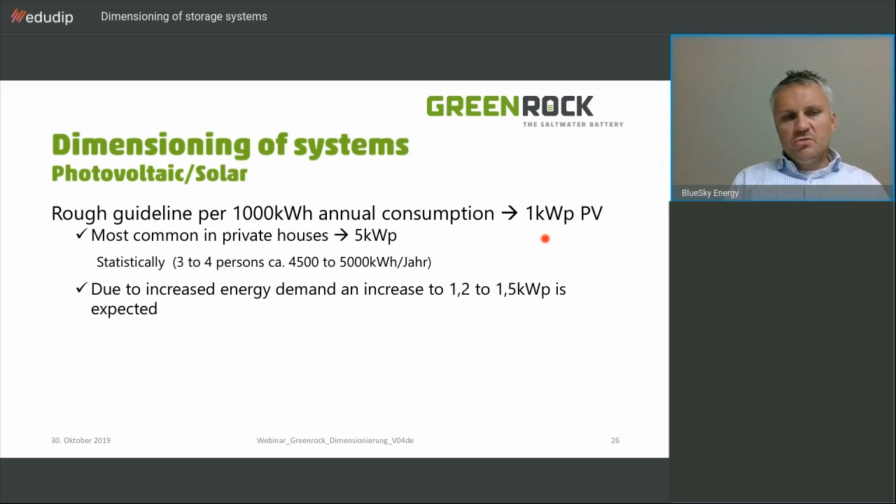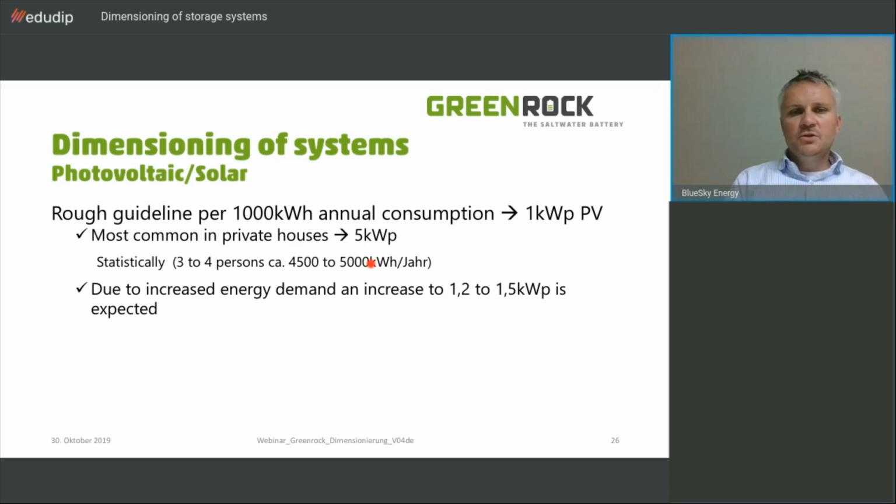So how much should a photovoltaic system be? I'm taking an example here that is an Austrian or German example. And in Austria or Germany, we are talking about 4,500 to 5,000 kilowatt hours per year. That is an annual consumption of a typical normal household.